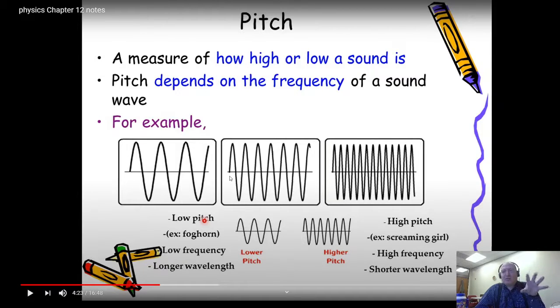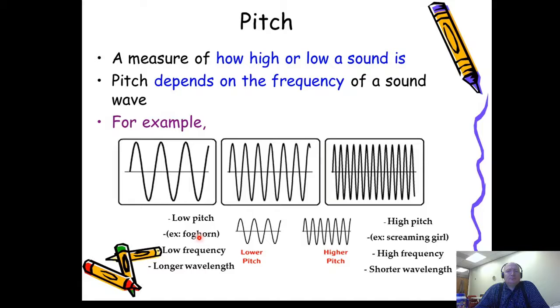They're going to look quite similar. You can remember low frequency, low pitch, like a foghorn or a lighthouse horn. Then as the frequency increases, notice the wavelength decreases. High frequency sounds have high pitch, like a screaming girl or a police siren.